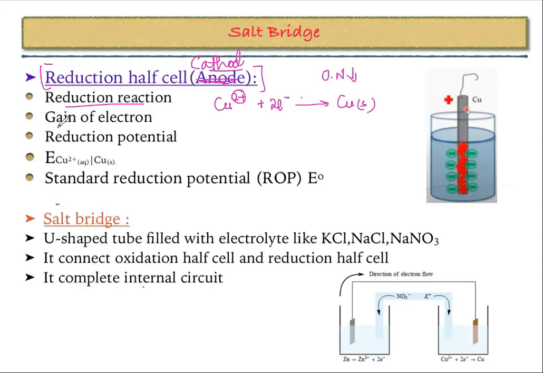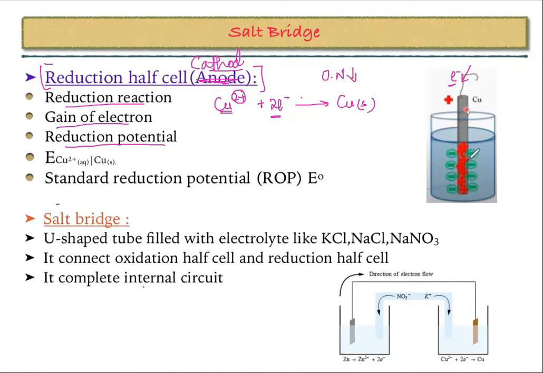This reaction is going to gain electrons. As the zinc has released electrons, through this channel the electrons come to carry out the following reaction. The potential developed between this Cu2+ and 2 electrons is known as reduction potential.